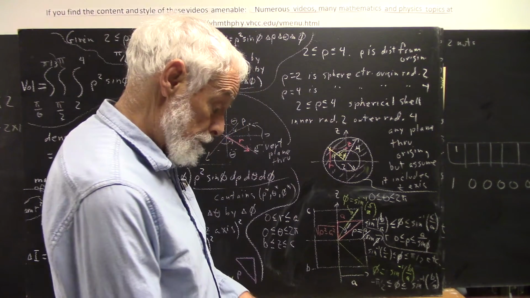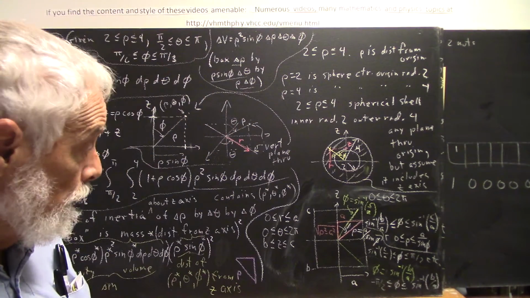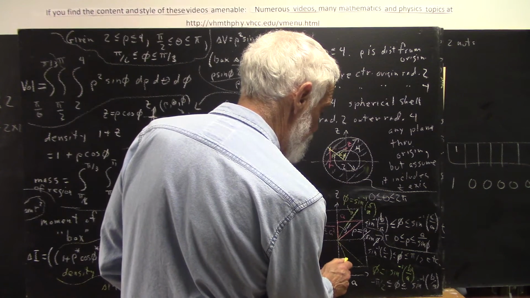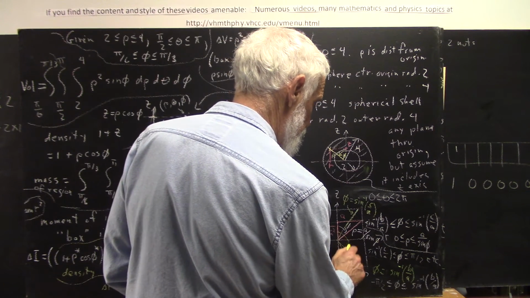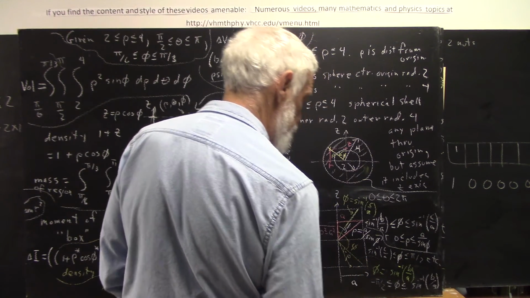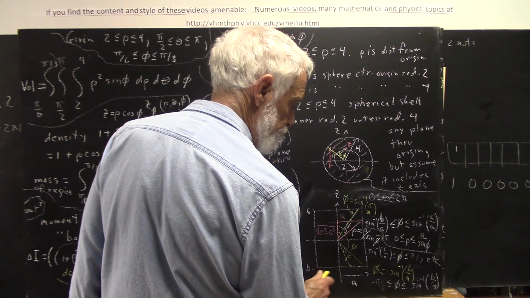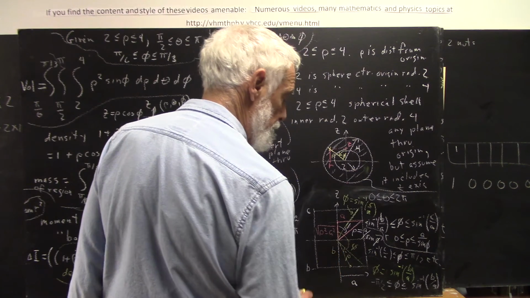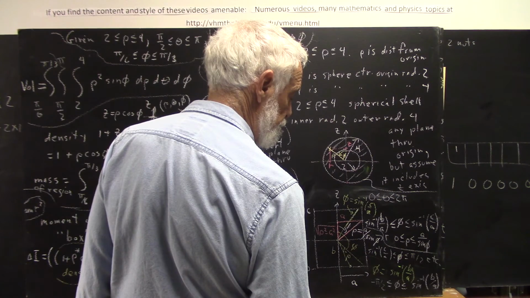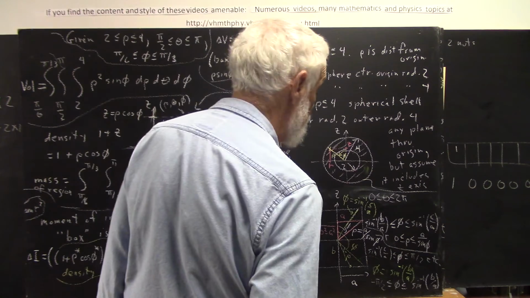Again, for any point, for example, finding the limits down here, for any phi down here, if this is your phi, then you would have rho here, and you would have b here, and you would figure out what the limits are on rho as a function of b.